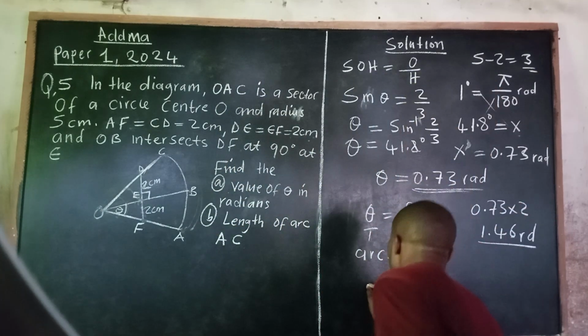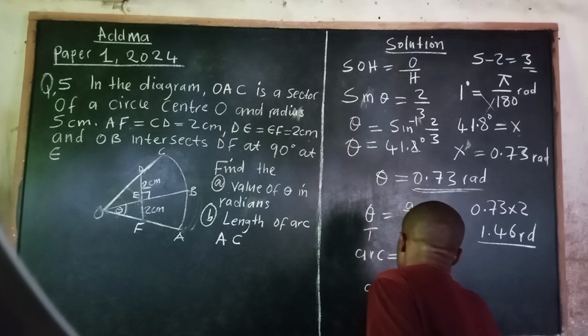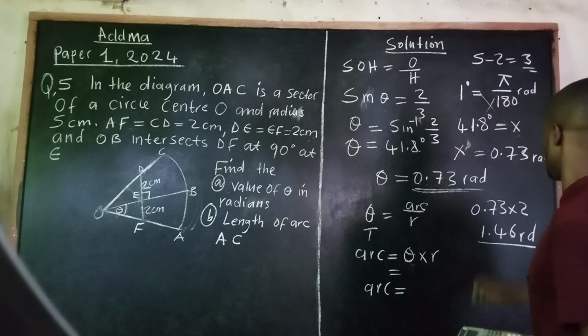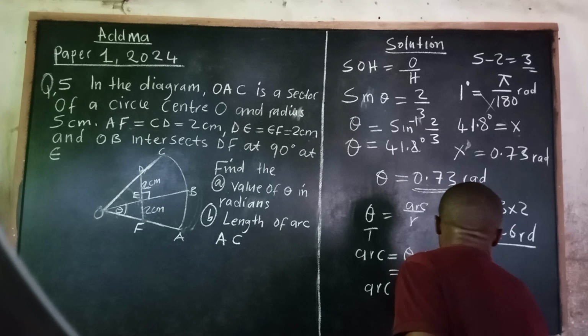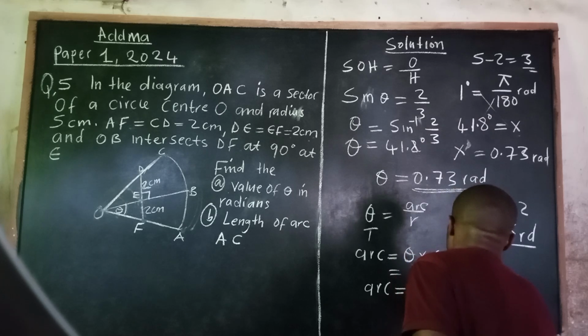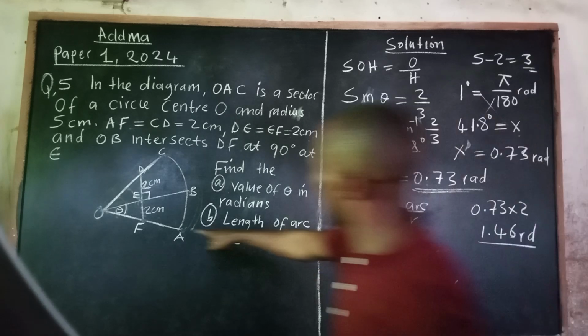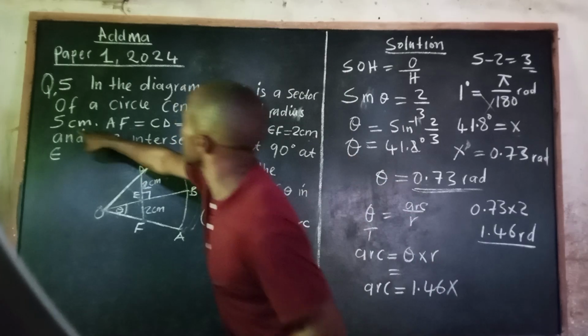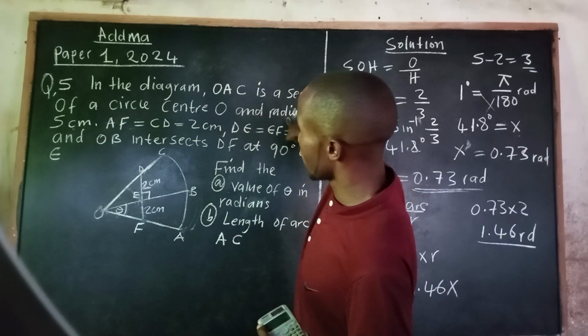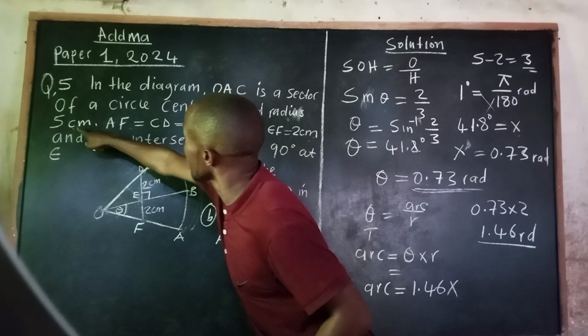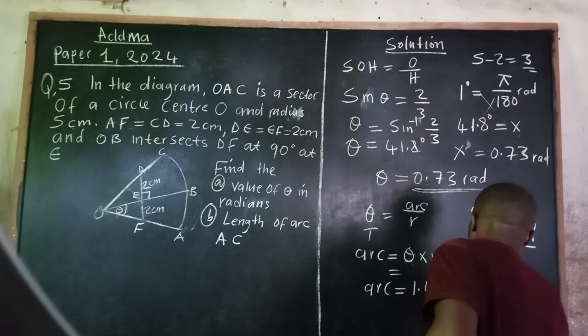So arc is equal to 1.46 times, what is our radius? Our radius is 5 centimeters. This is what they have given us. So times 5.